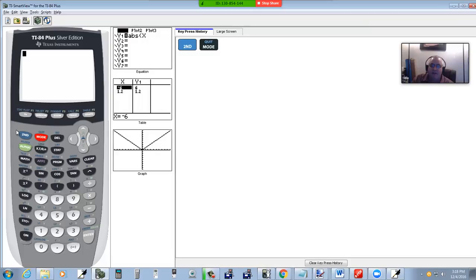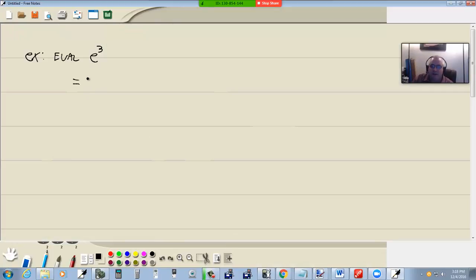We want to do e to the third. So I'm going to do my second ln to do the e, and then to the third power, and then press enter. And that gives us 20.09, rounded to two decimal places.